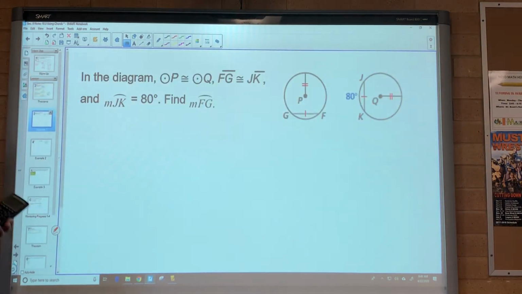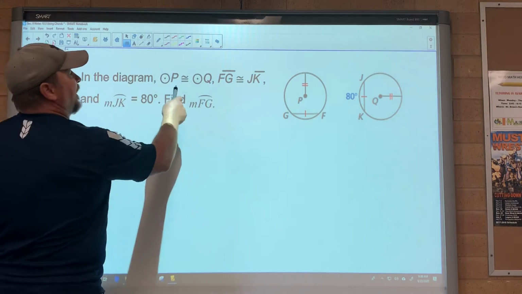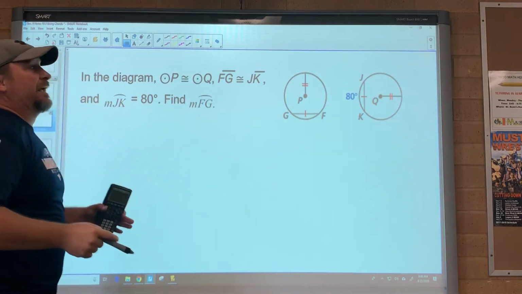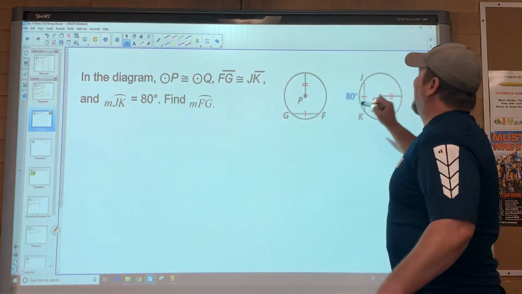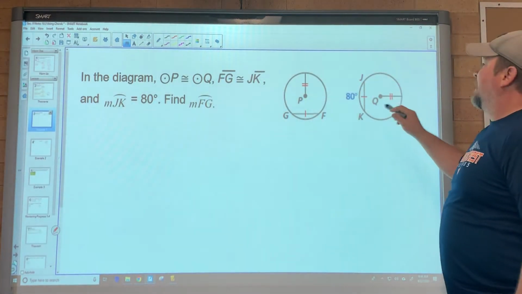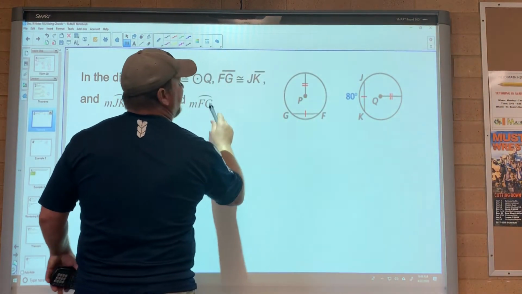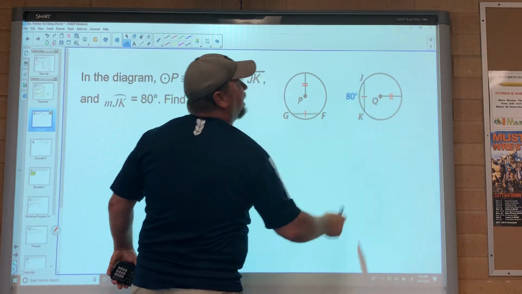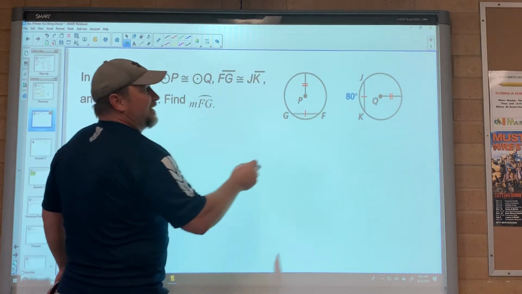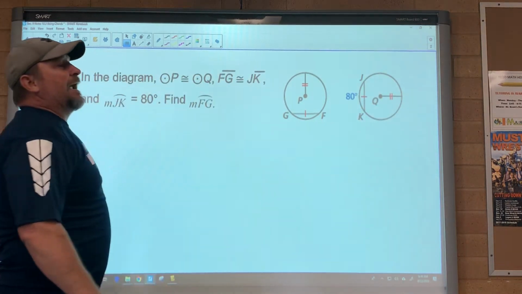All right, well, let's take that into account. Let's see what we've got. In this diagram, we've got circle P congruent to circle Q, meaning they have the same radius. As soon as two circles have the exact same radius, then they are congruent. They're telling us that FG is congruent to JK, and that this arc measure is 80.